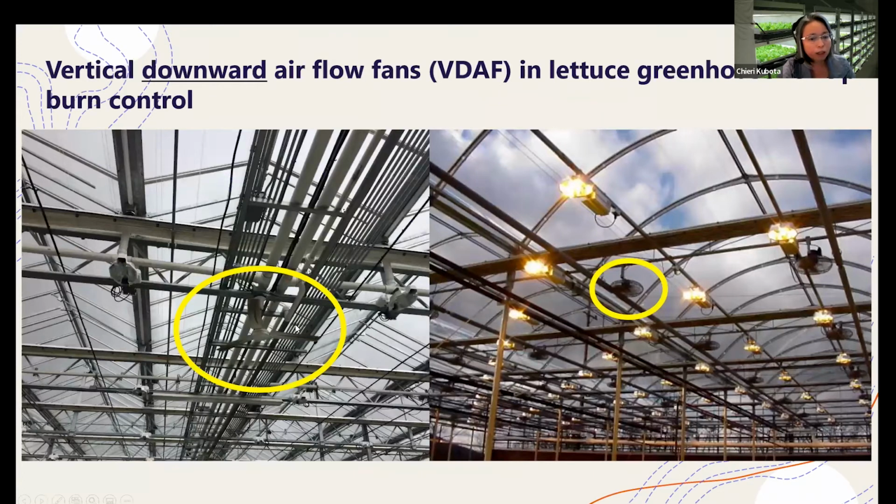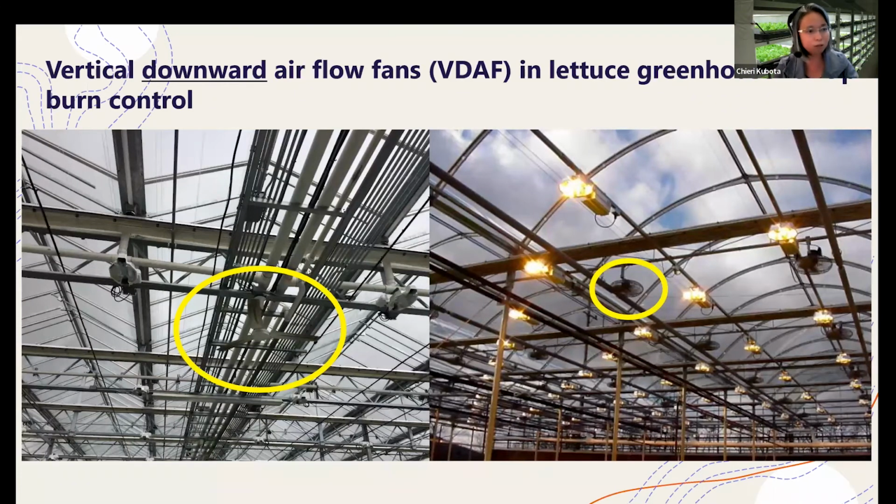So when you enter a greenhouse like that, you can instantly tell this is for leafy greens without looking at the crop. Usually you look at the crop first, but you probably can tell this is for lettuce or some kind of leafy greens having a tip burn issue. The important thing is it is the downward vertical airflow. Downward, not upward. There's a vertical airflow fan marketed using that name, but going upward, so that doesn't work for tip burn.